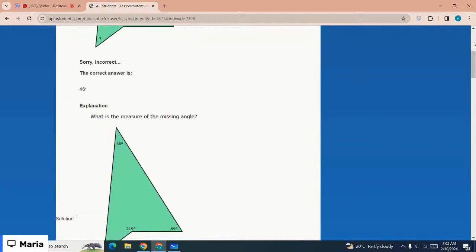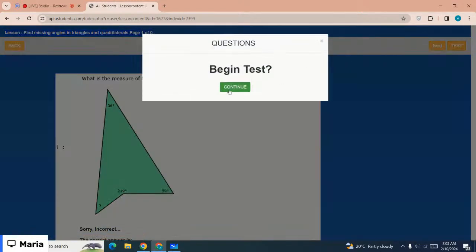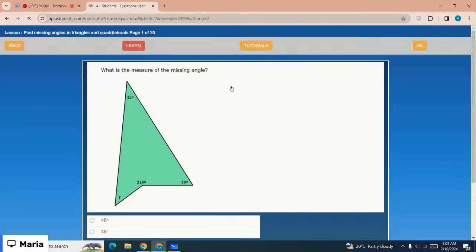Let's just start with the test questions. What is the measure of the missing angle? That's the one we just did in the tutorial, right? The basic thing you need to learn here is the sum of a figure that has four sides.